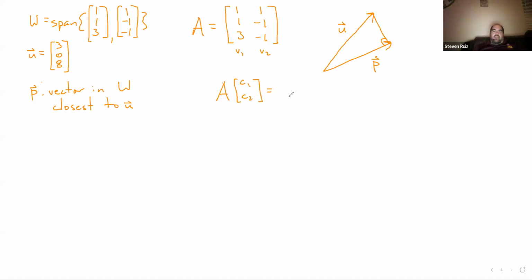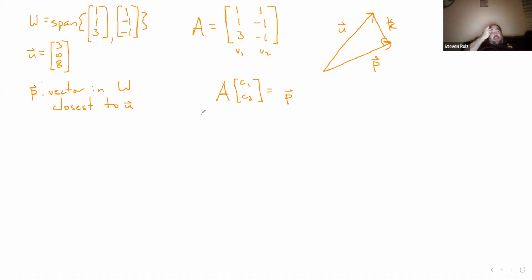Then I will get P. But I want that P to be really close to U. So let's call this other side K. I know that P dot K is going to equal 0.